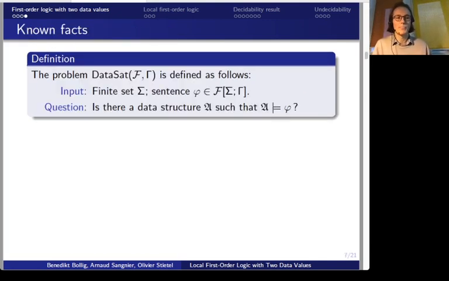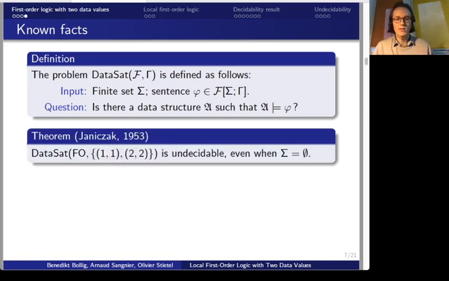We look at the satisfiability problem, which we denote as DataSat. It is parameterized by F, a fragment of first-order logic, and gamma, a set of binary relations. The input is a formula, and the question is whether some data structure satisfies phi. There are already known results on this.